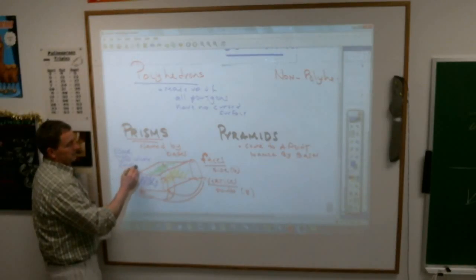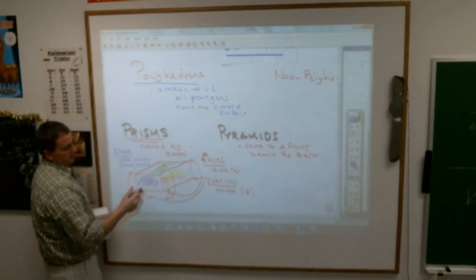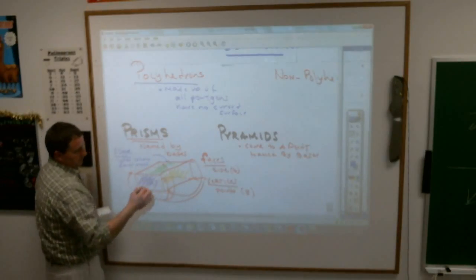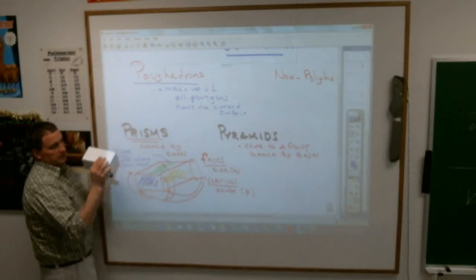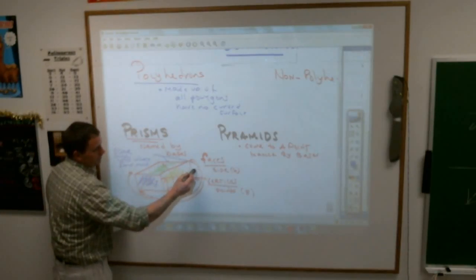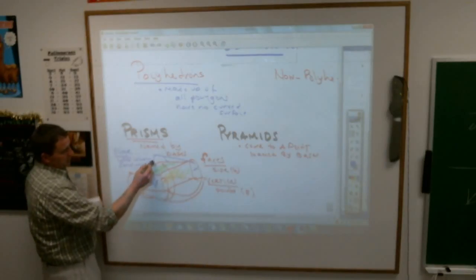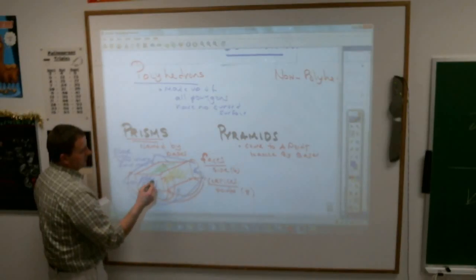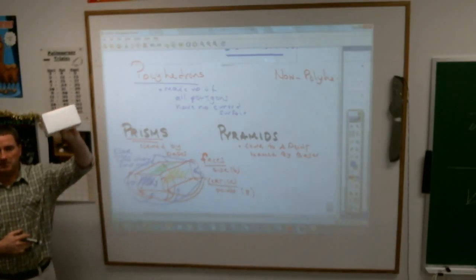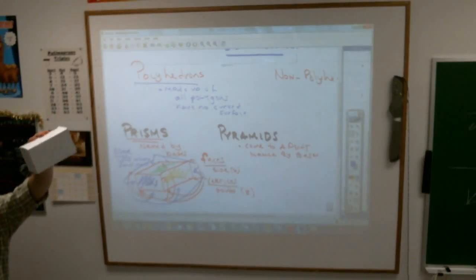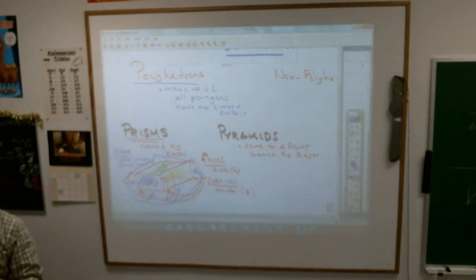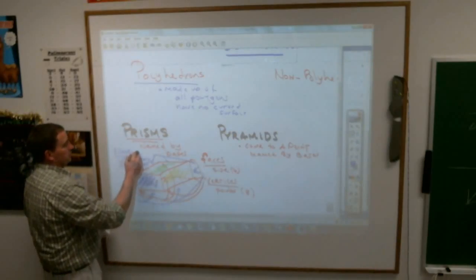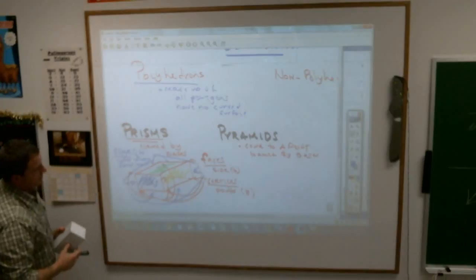That would be like here, all these places where two faces come together and they form a corner-ish kind of thing. How many edges does this shape have? A lot of them, by the way. Any box has how many edges? 1, 2, 3, 4 on the top. 1, 2, 3, 4 on the bottom, and 1, 2, 3, 4 around the sides, for a grand total of 12. Nice. Ain't that exciting?